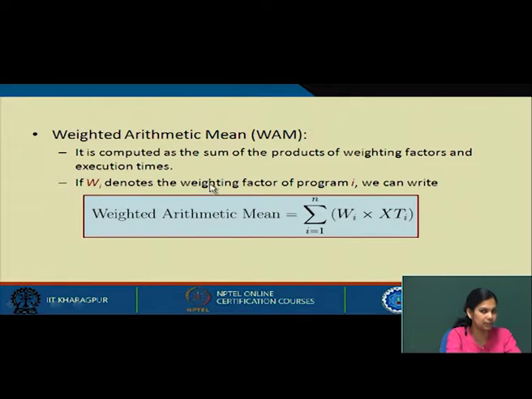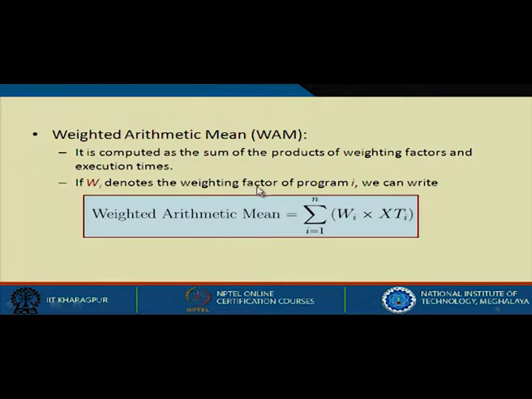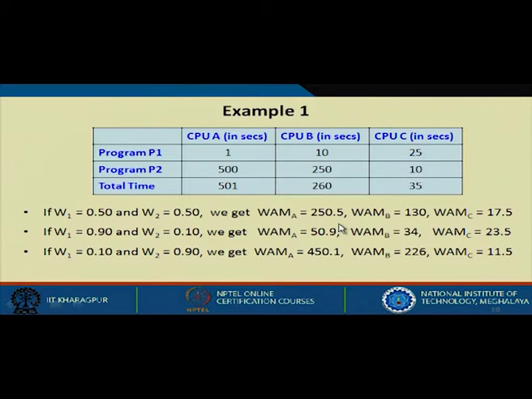So, we are not considering only the execution time, we are taking into consideration the execution time and the weights associated with that particular execution time, where W_i denotes the weighting factor of program i. This is the weighted arithmetic mean, where I multiply W_i into the execution time of i and we get the sum.